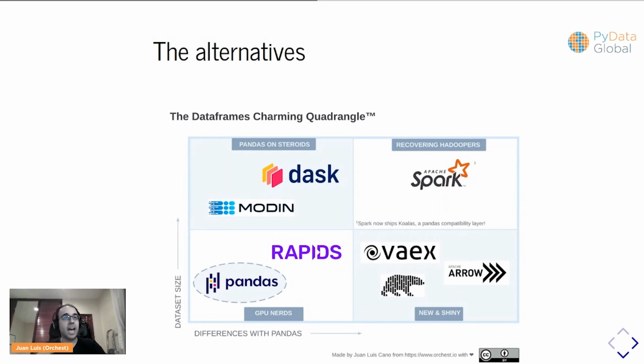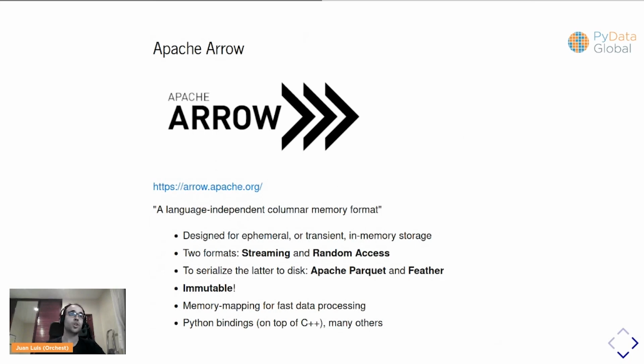And so we have on the lower right corner some other libraries that don't try to imitate the Pandas API, therefore they don't offer an easy transition path between the two, but they offer some very interesting things that are worth exploring. The first of those is Apache Arrow.